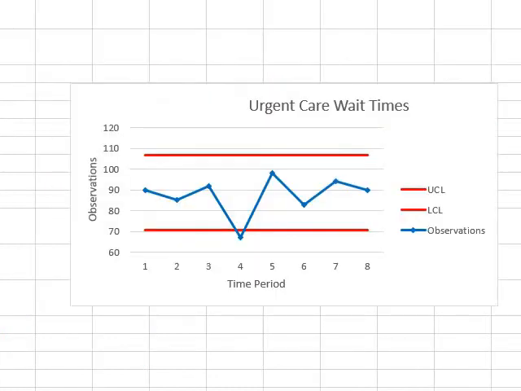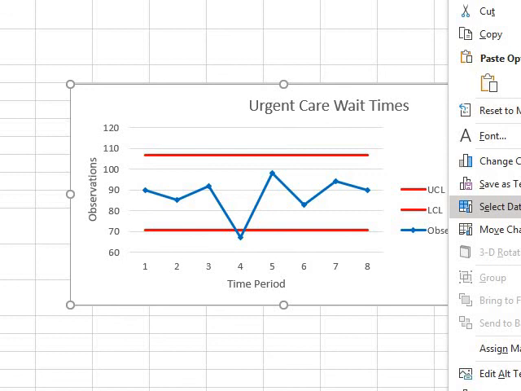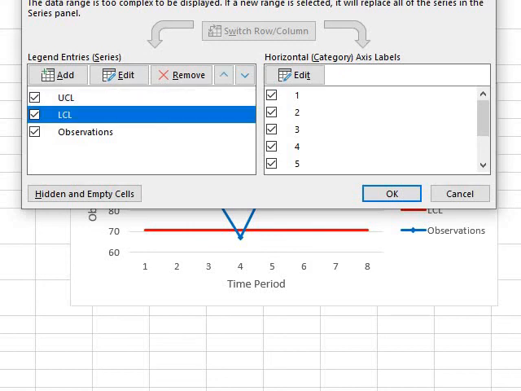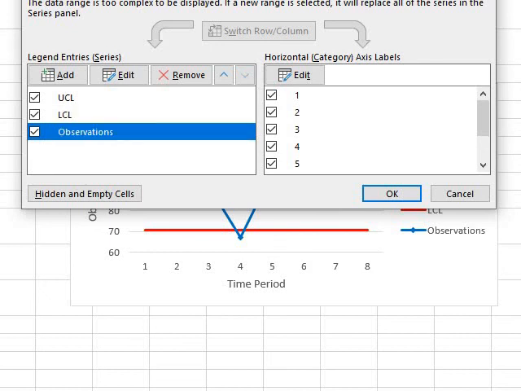At this point, I'm ready to create my Tukey control chart. How I did that was I inserted a line chart, and then I selected my data, which in this case, I added the upper control limit in the ranges, and I added the lower control limit in the corresponding range there, as well as the observations that were given to us in the problem.